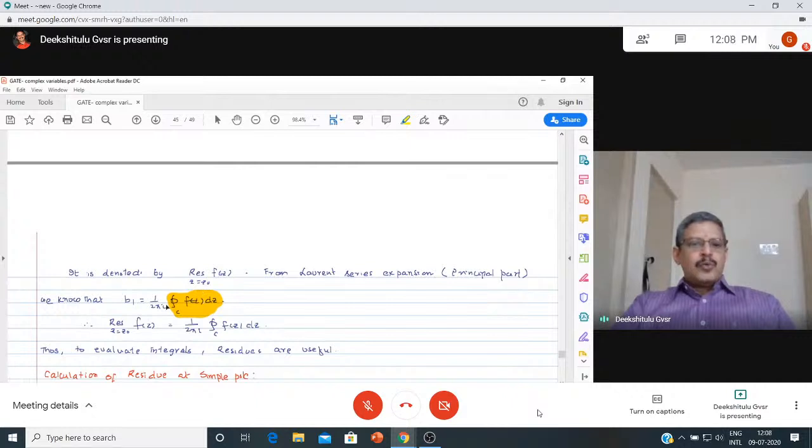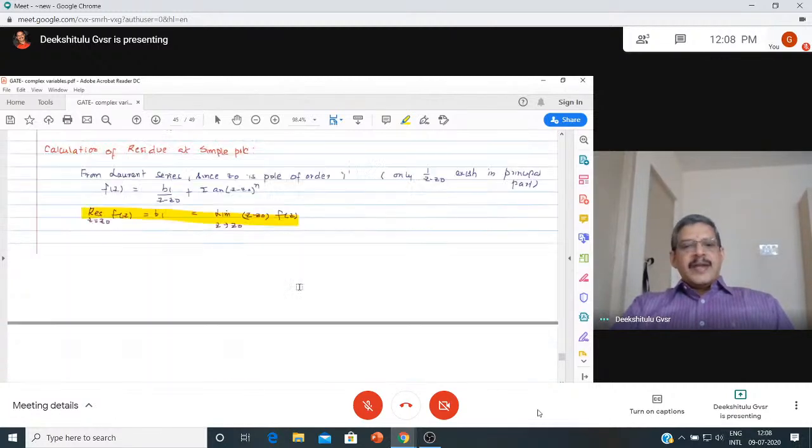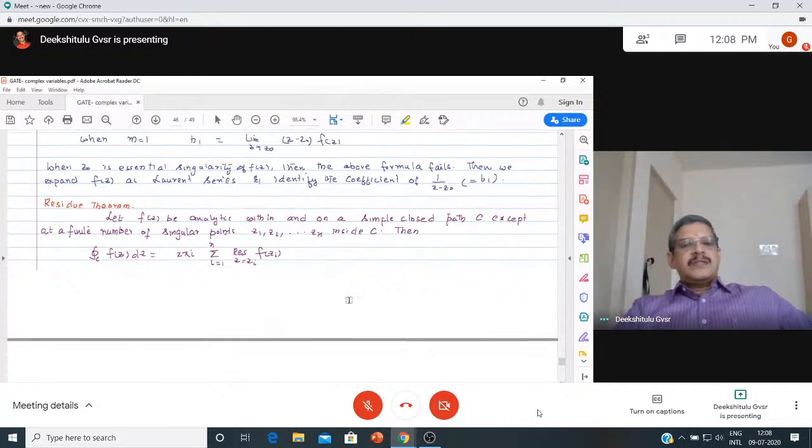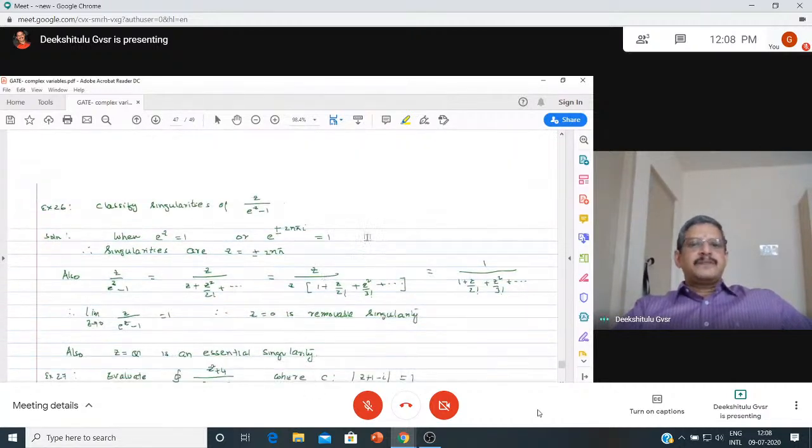What is the integral? 2 pi i into residues. About C1, b1 into 2 pi. About C2, 2 pi into b2. Nth pole, 2 pi into bn. Add all these things, you get the result. So the integral over C of f of z dz is 2 pi i into the sum of the residues. This is called the residue theorem.